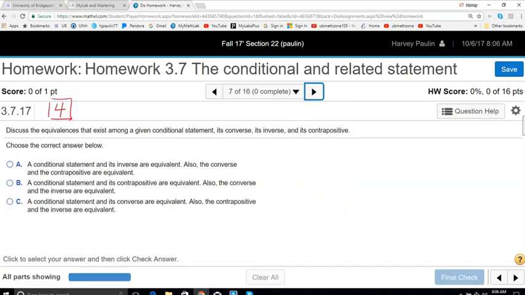Now for example 4, this is again part of our earlier review. Pick out the statements A, B, or C that illustrates which are equivalent.